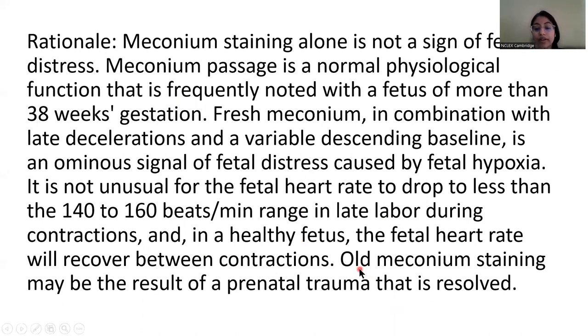In option 4, we read that old meconium staining may be a result of prenatal trauma. Okay, so if we find any old stain, then it may indicate that there was some trauma during the antenatal period which has been resolved now. So the stain is coming out of the vagina during delivery.